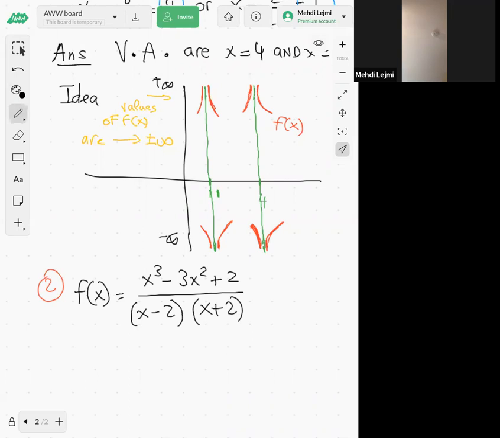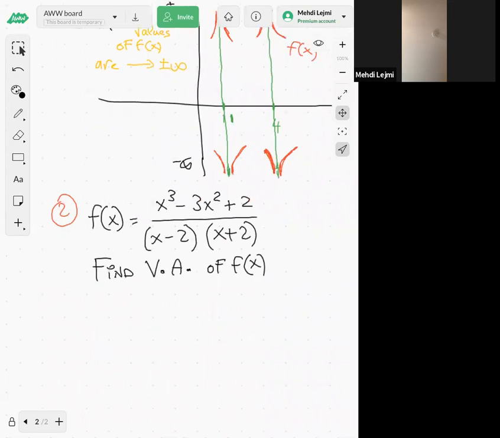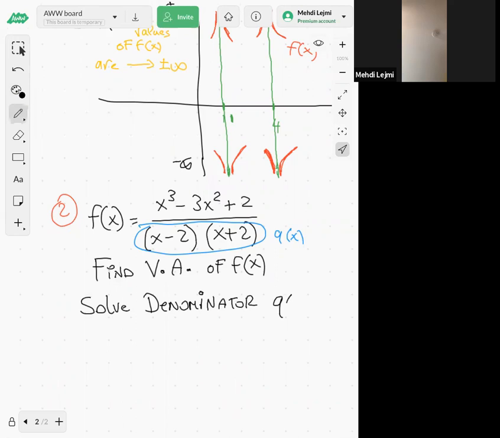The question is, of course, find the vertical asymptote of f of x. So again, the bottom, that's my q of x. All right, so to find the vertical asymptote, we have to solve the denominator q of x equal to 0.